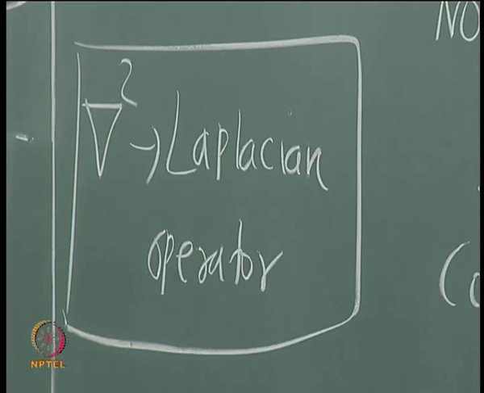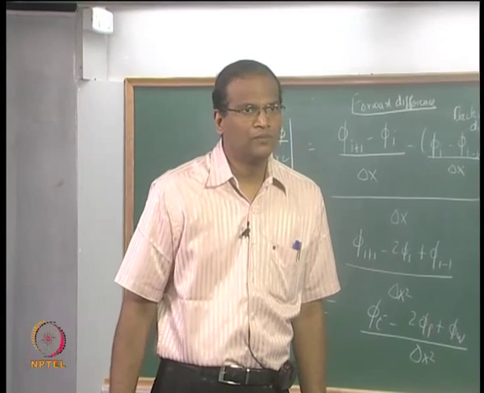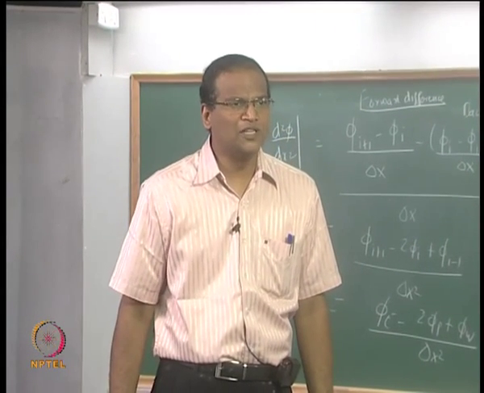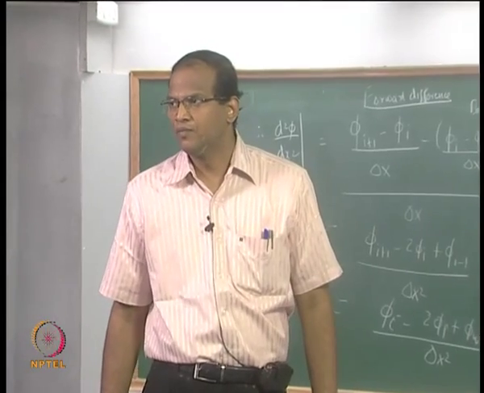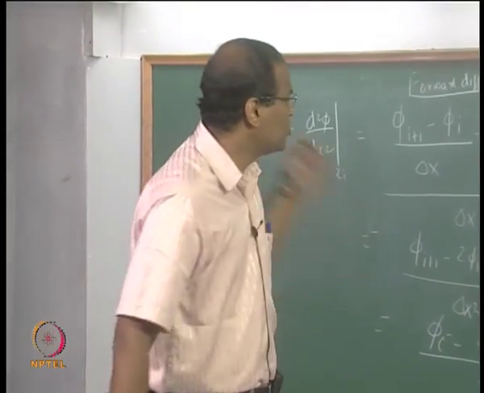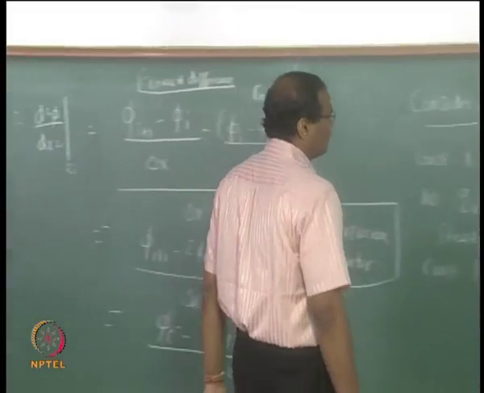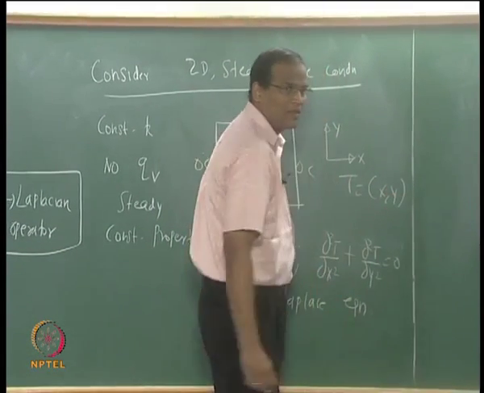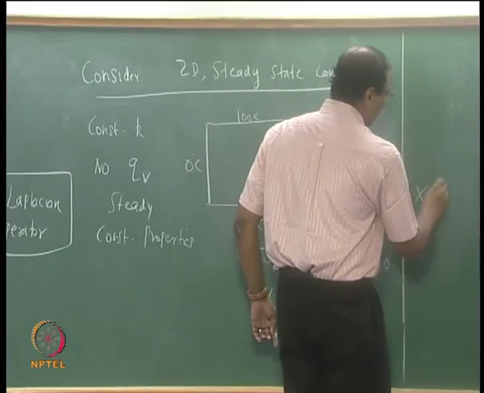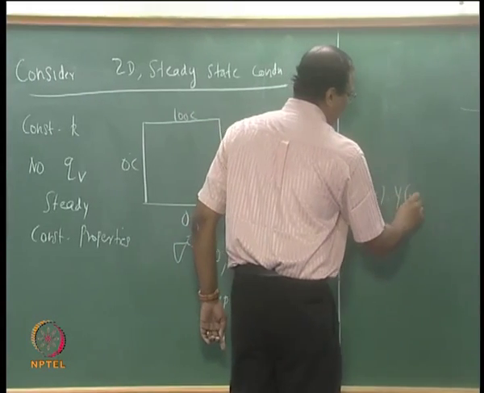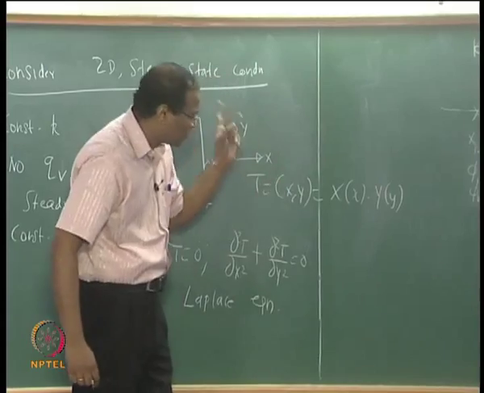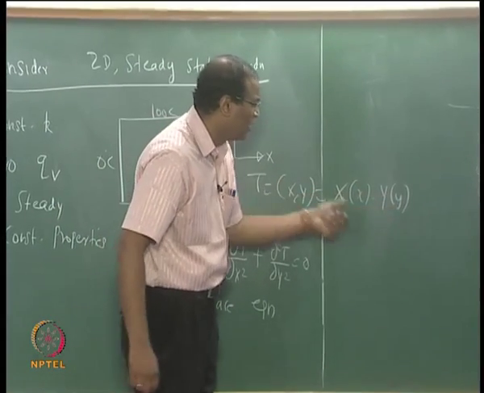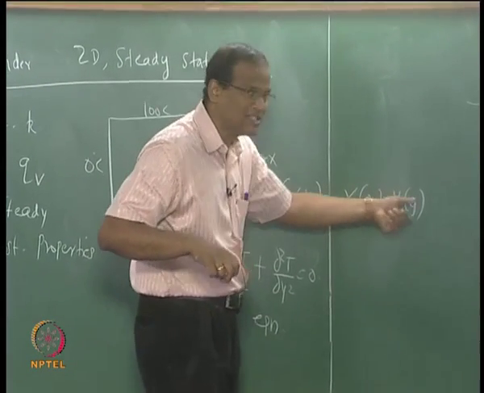You can solve it using the method of separation of variables. How do you do that? Assume that temperature T is a function of x, y. Now I assume it to be a product of two solutions, X of x into Y of y, where X is just a function of x and Y is just a function of y.